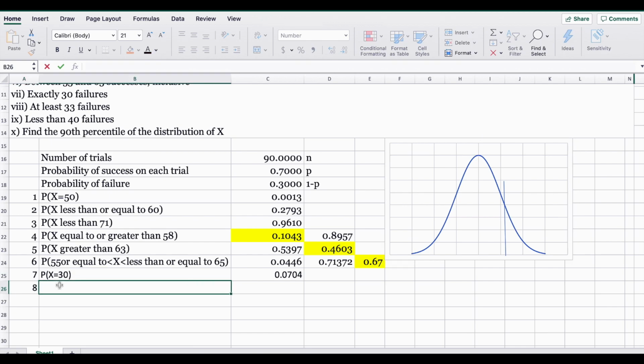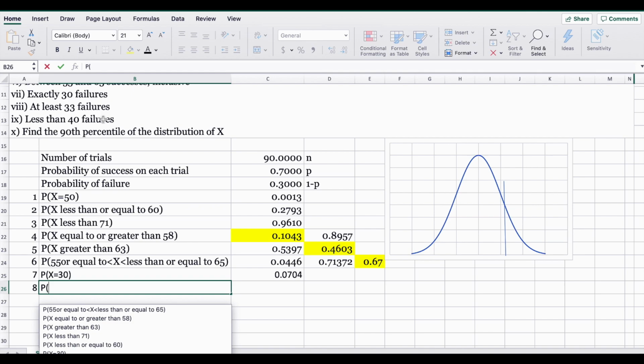Question number 8 is asking us to find the probability of x when it is at least 33 failures. So another way to write this is to find the probability of x when it is equal to or greater than 33.